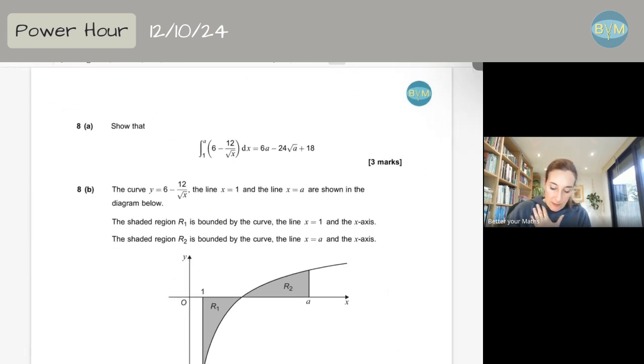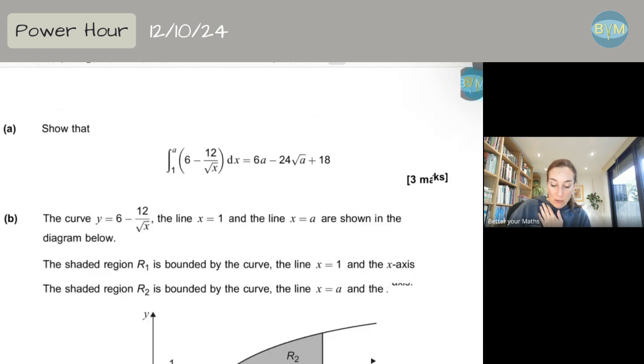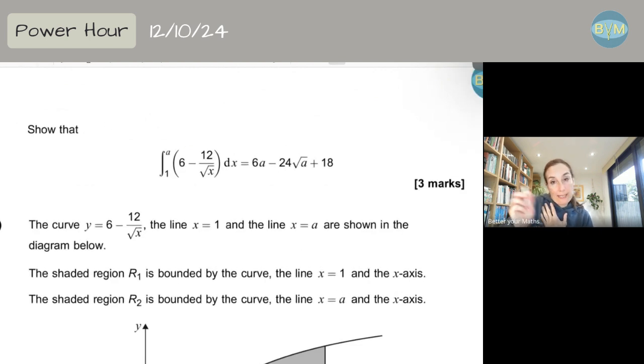This one, I think, is slightly easier. So you have to show that this integral can be written this way. So now we have a constant in one of our limits. So what we are going to do is to integrate as normal. Then we are going to substitute the value and the constant, and then we are just leaving it in terms of the constant. So please do it.